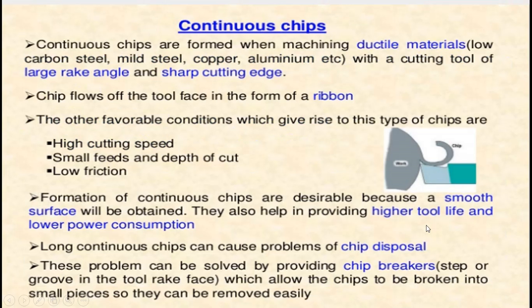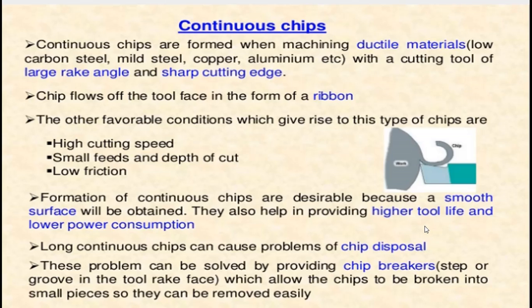One by one we will see. Continuous chips are formed when machining ductile materials like low carbon steel, mild steel, copper, aluminum or other materials, with a cutting tool having a larger rake angle and sharp cutting edges. In the case of continuous chips, the chip flows continuously like a ribbon.